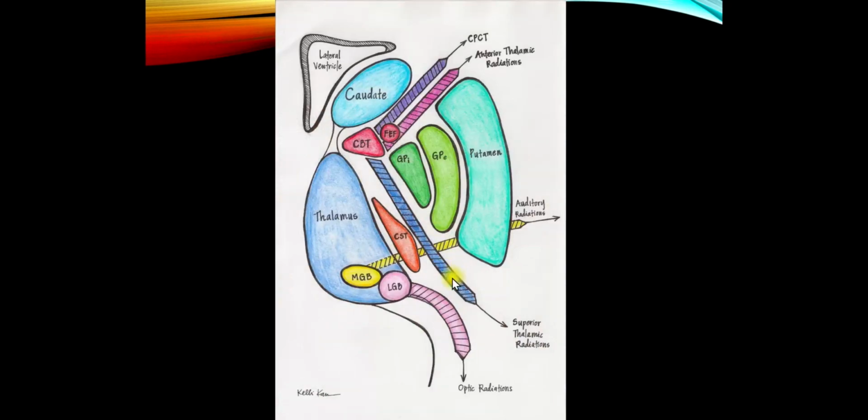Okay, so the point is here, even though these pathways are so close together, sensory and motor, their vascular supply is different, and so it produces two very different stroke syndromes.